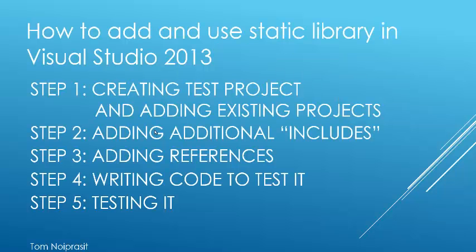So, in conclusion, how to add and use a static library in Visual Studio 2013. Step one is to create a test project and add all the existing projects that you have outside. Then you add the additional includes, and then add the references if you have more than one, and write code to test it.